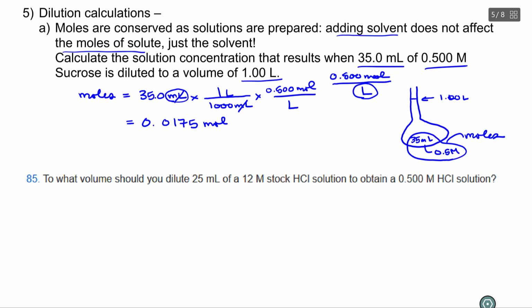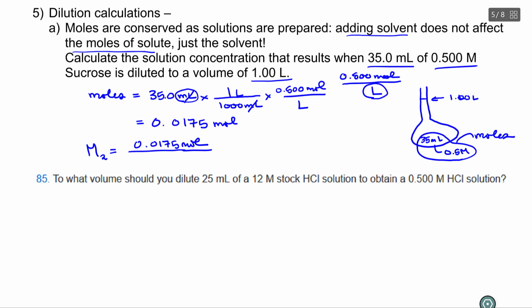Now, how do I calculate the resulting solution concentration in the new solution for 1 liter? Well, the new molarity, I'll call that molarity 2, is going to be equal to 0.0175 moles, because that number didn't change. And then I'm going to divide it by my volume 2, so I'll call that V2 as I talk about it.